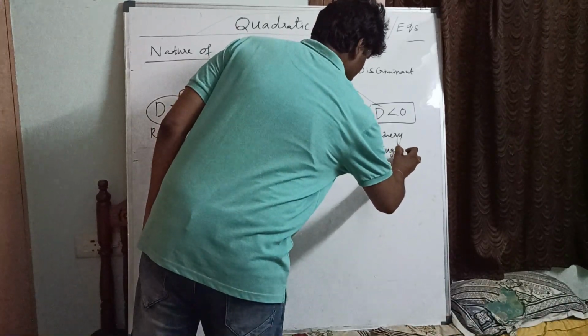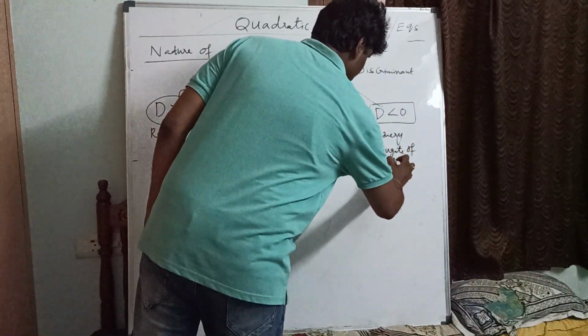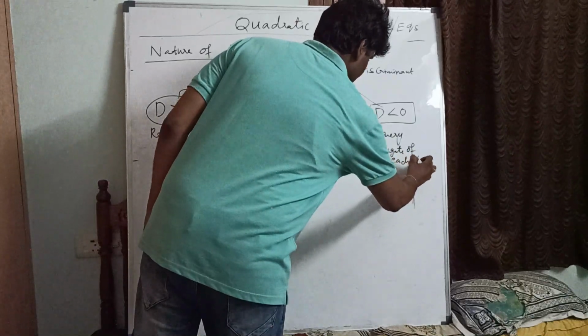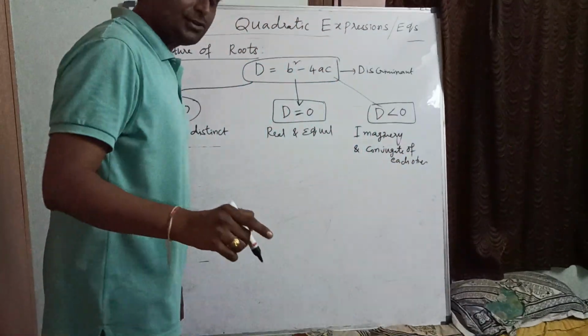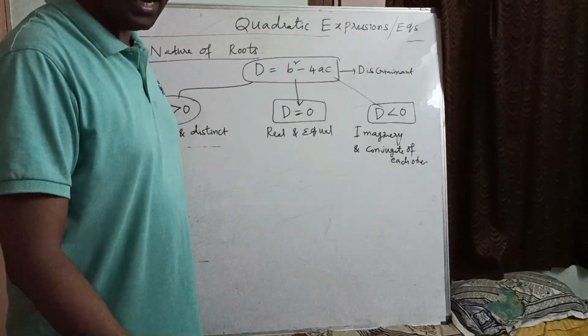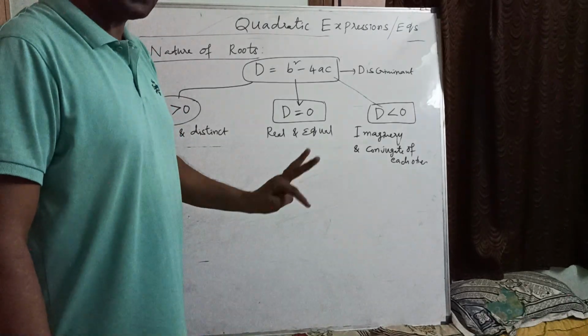Imaginary and conjugate of each other. How? For example, 2 plus 3i, 2 minus 3i, or 1 minus i, 1 plus i, like that.